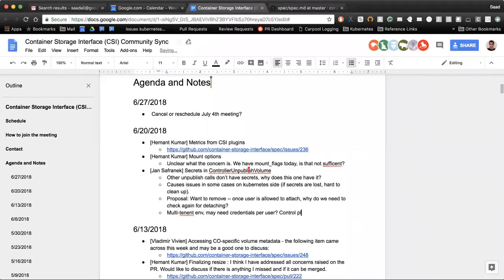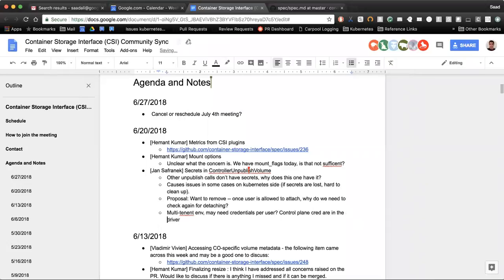Yeah. So in GCE or AWS, the plugin must have some credentials to talk to the Amazon API or Google API, but these are the driver's credentials, not the user's credentials.